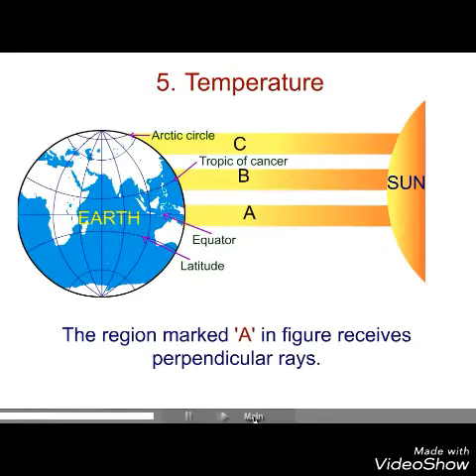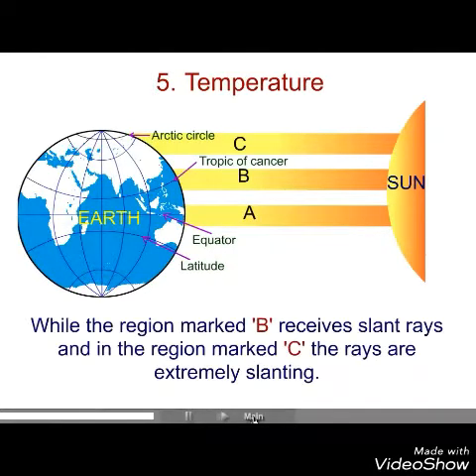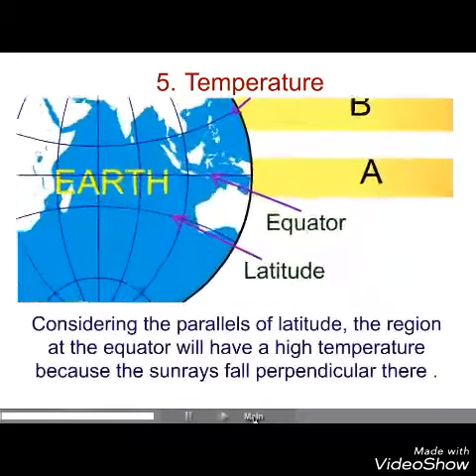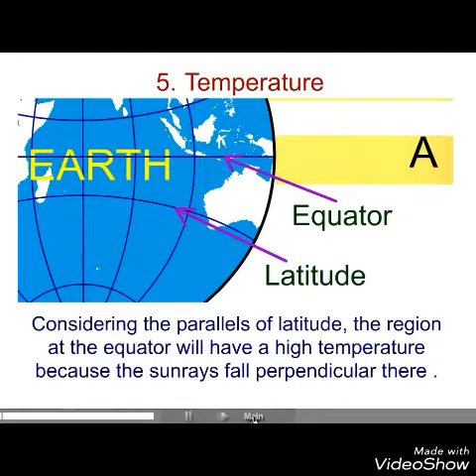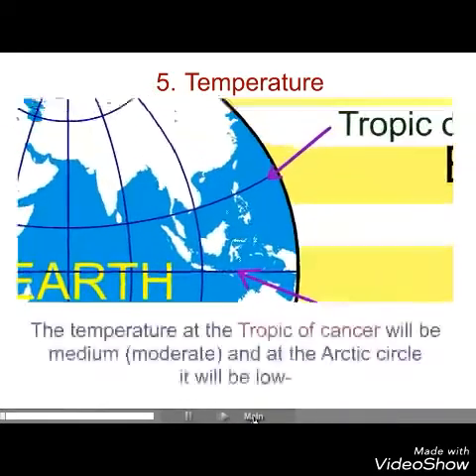The region marked A in the figure receives perpendicular rays, while the region marked B receives slanting rays. And in the region marked C, the rays are extremely slanting. Considering the parallels of latitude, the region at the equator will have a high temperature because the sun rays fall perpendicular there.